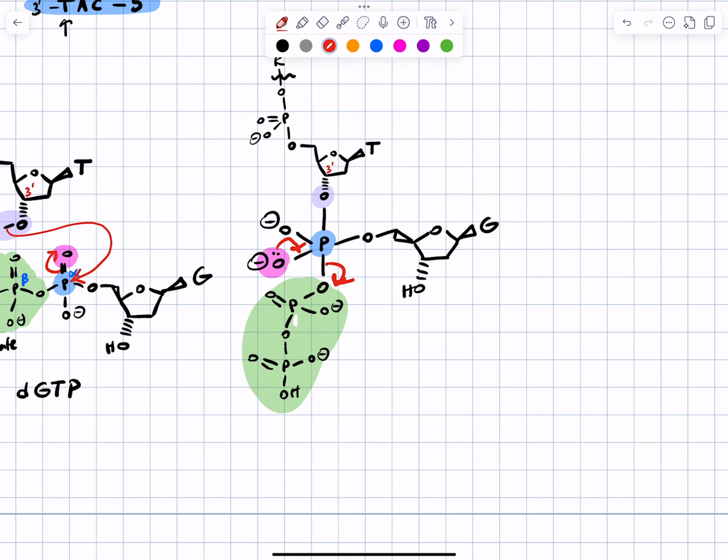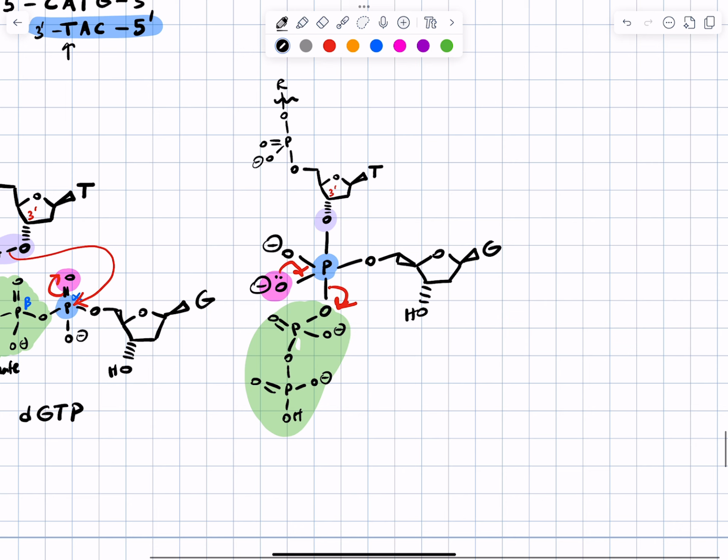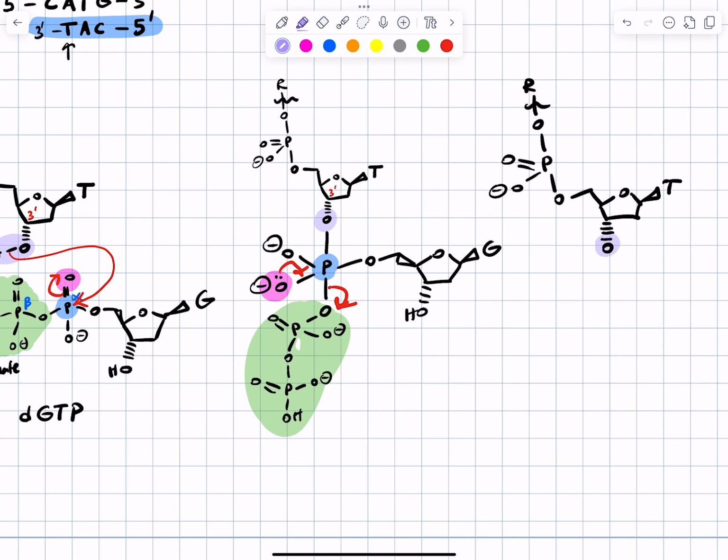And in the end, that's going to make the new phosphodiester bond between the previous T nucleotide and the next G nucleotide. So here is that previous T nucleotide. Here's the 3' hydroxyl that was just the nucleophile.